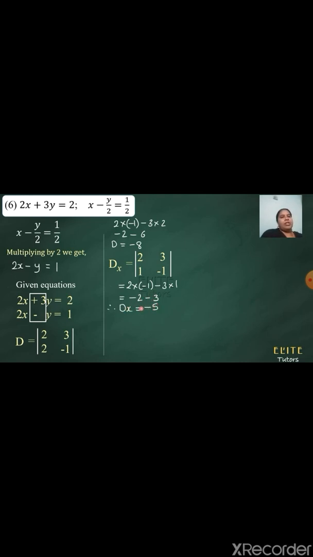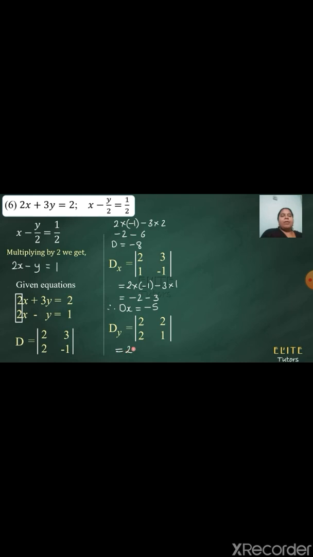Let us come to the last part of the sum, that is determinant of y, dy. For determinant of y, in the place of y, we will write the constant. So the constant is 2 and 1. So 2 and 1 you write first, and in the place of x, you write the coefficient of x, that is 2 and 2.